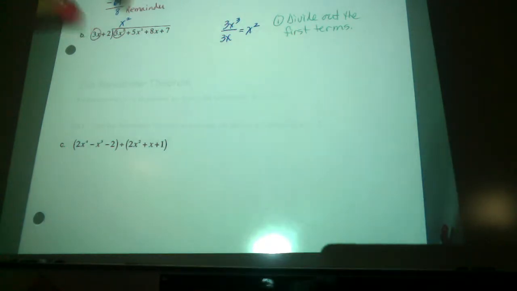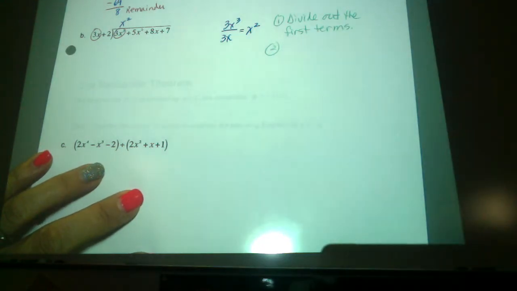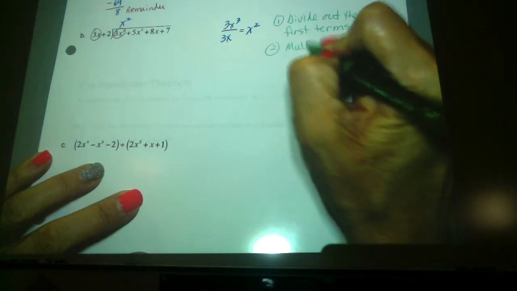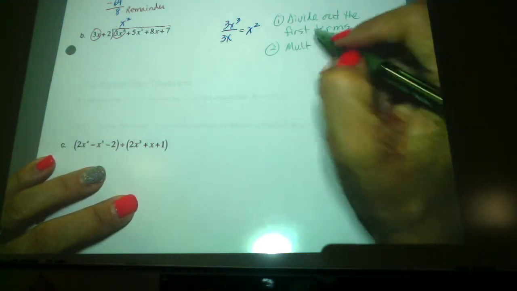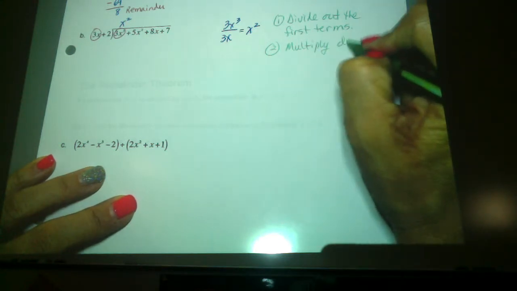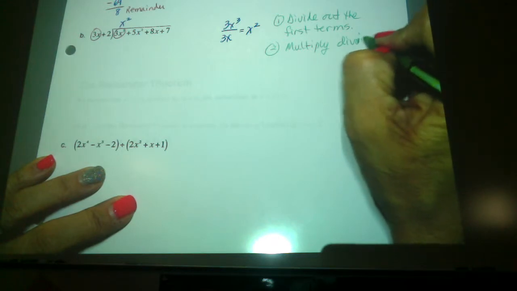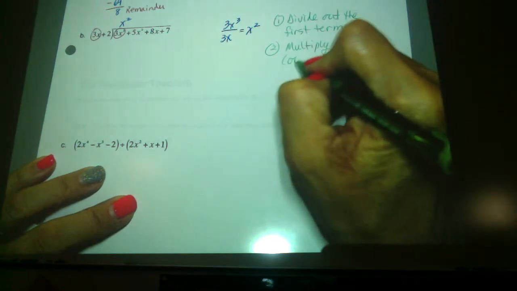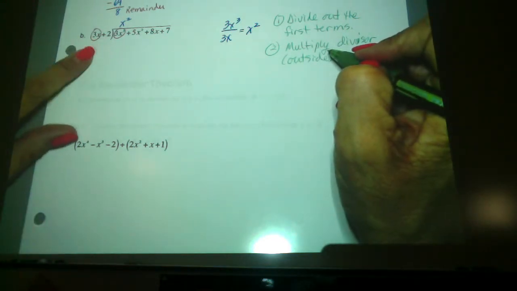But our second step is to take our answer there, so we're going to multiply, just like we multiplied in the regular long division. We're going to multiply the divisor, which is your outside, this whole outside, the 3x plus 2, that's your divisor.